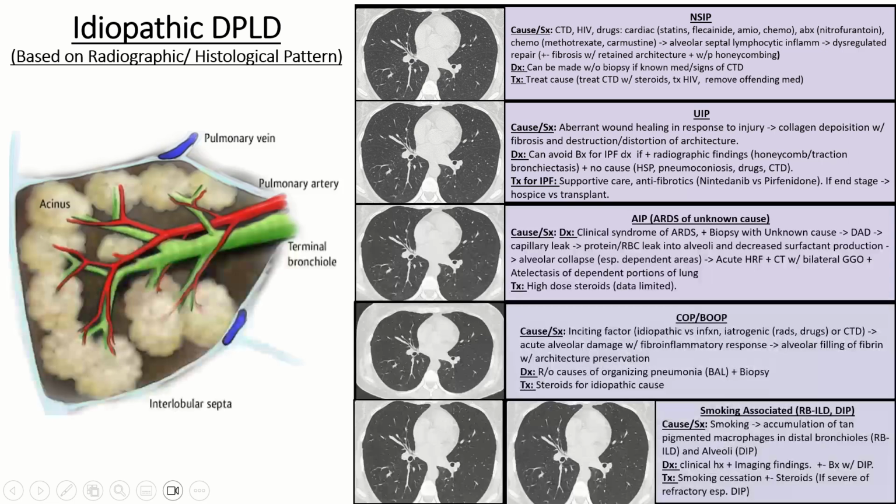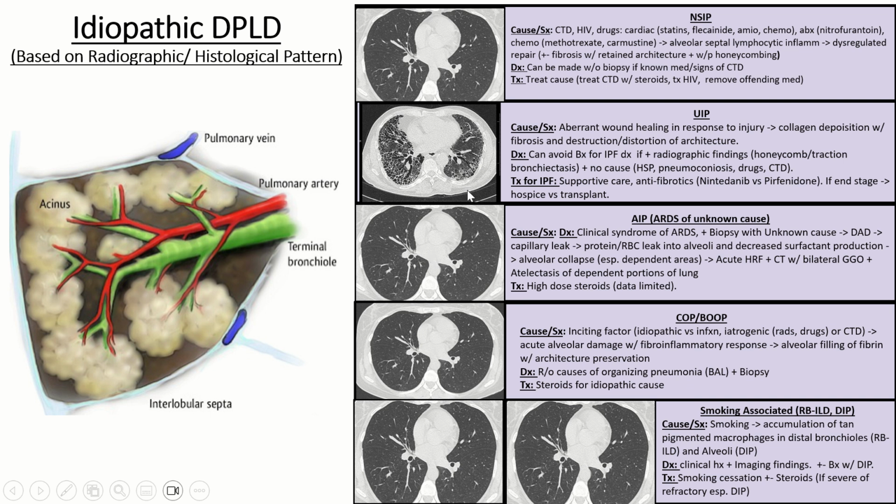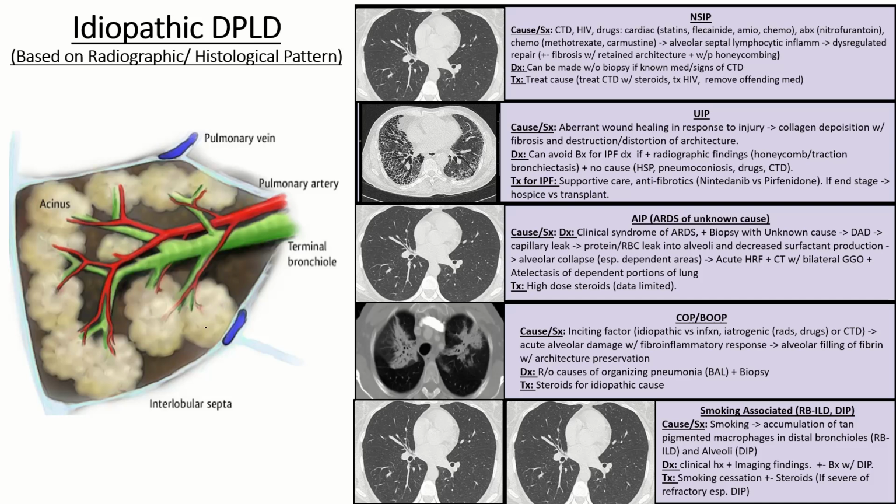All right. In this case, we went through UIP already, but this case, it's really going to be COP, so cryptogenic organizing pneumonia. So really, what is COP? A lot of people can get organizing pneumonia, things like drugs, radiation, connective tissue disease.